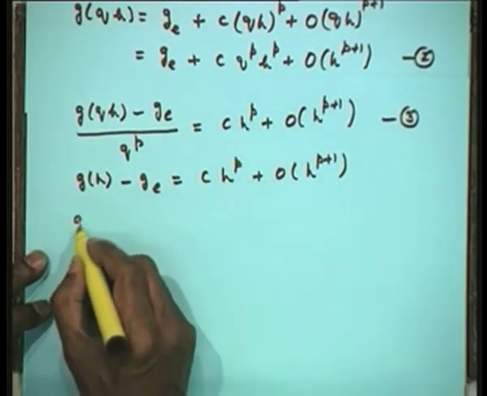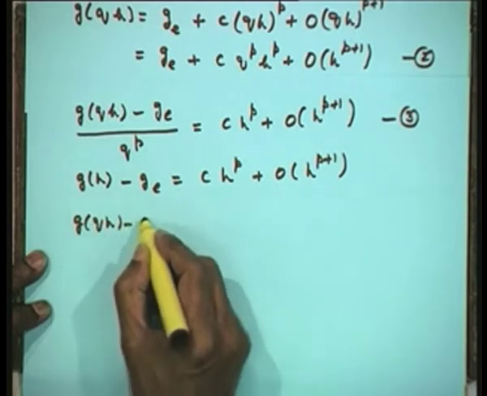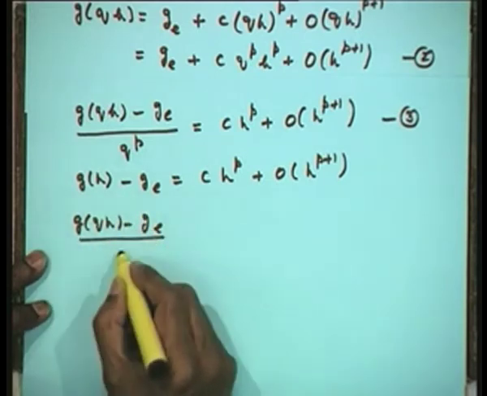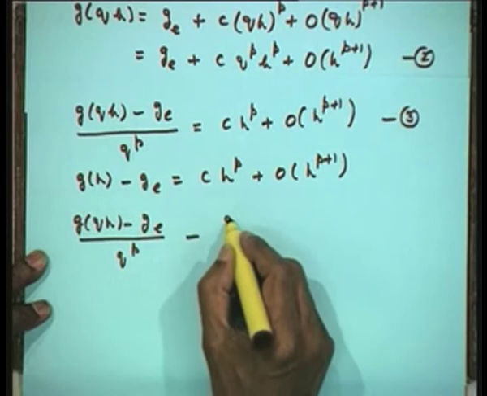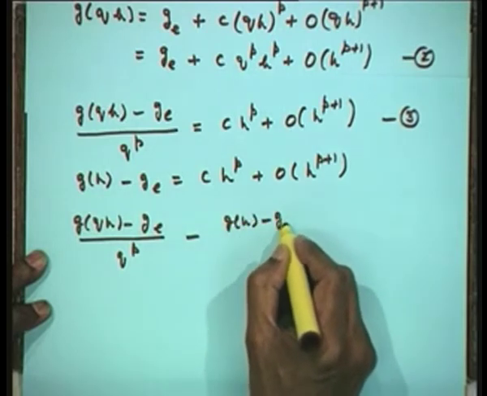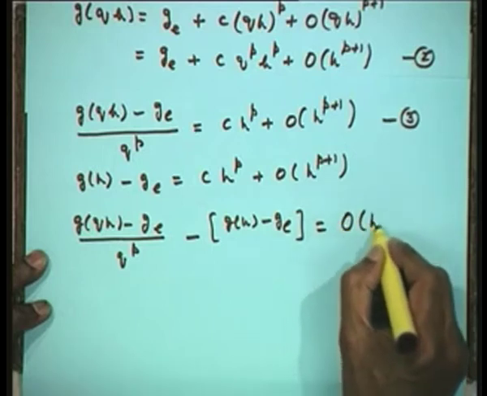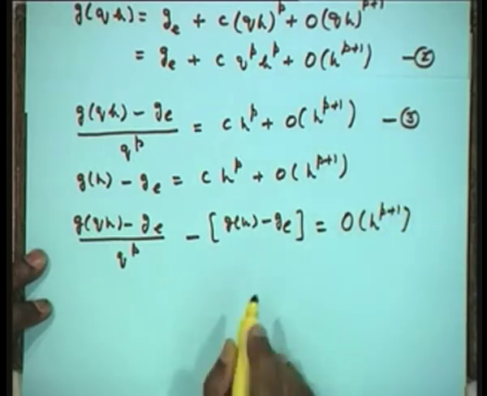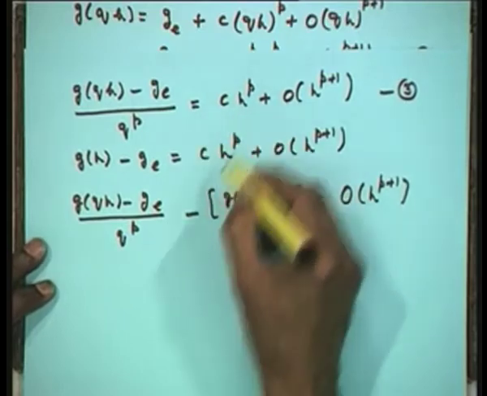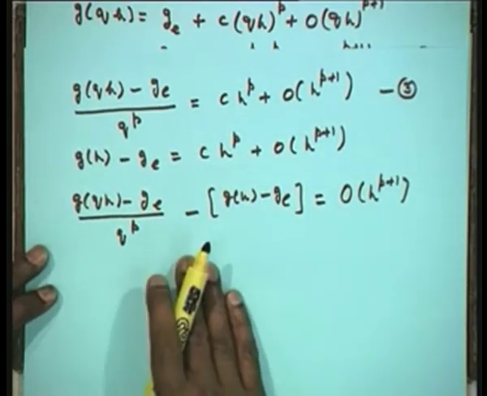So, therefore, I have got g of q h minus g e by q to the power of p minus g of h minus g e is equal to order of h to the power of p plus 1. Now, c h to the power of p has been cancelled.